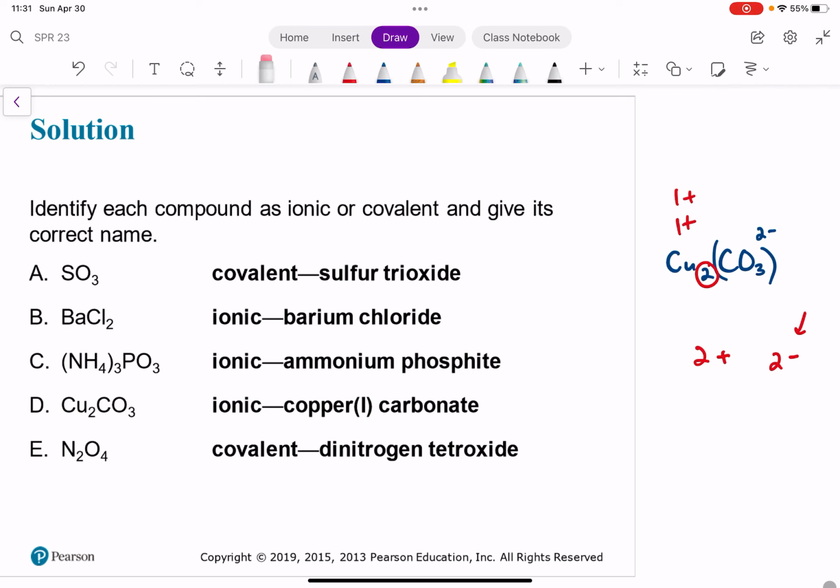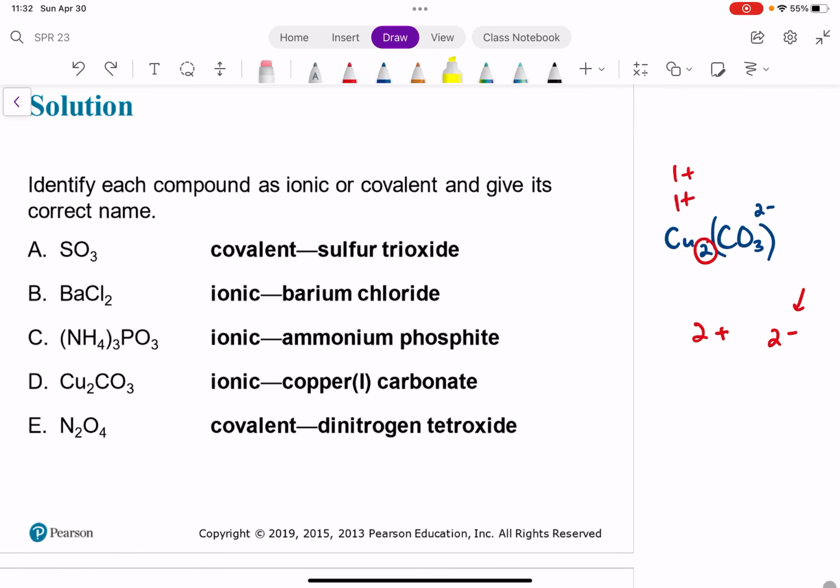If it wasn't a transition metal, you wouldn't need to put that there because it would always be forming the same ion. Okay, and then that last one, 2 nonmetals, that's probably covalent, right? And then when it's covalent, we need to have those prefixes to show exactly how many atoms we have of each type. So we have N2O4, that means we have dinitrogen tetroxide, 4 oxygens.